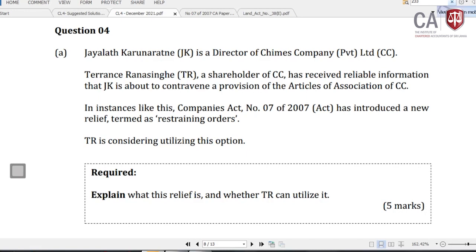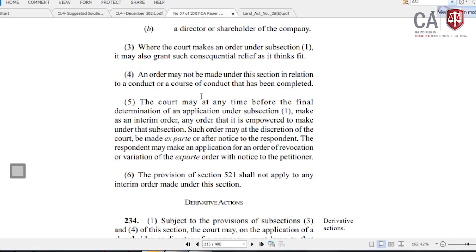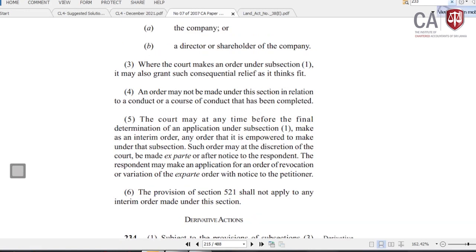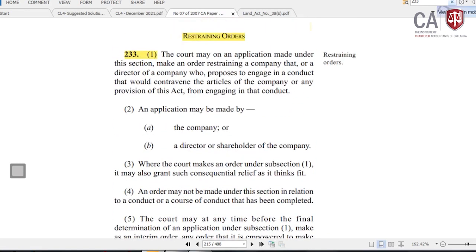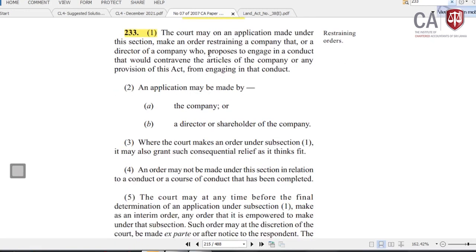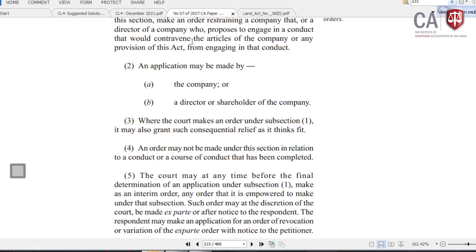So, the court may, under section 233, this part you can include in your answer. The court may, on an application made under this section, make an order restraining a company or a director of a company who proposes to engage in conduct that would contravene the articles of the company or any provision of this Act from engaging in that conduct.